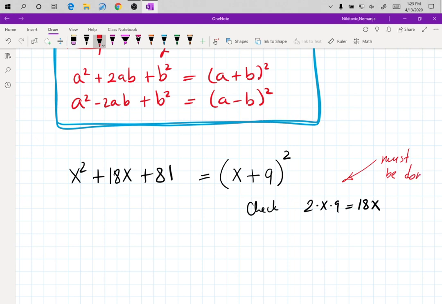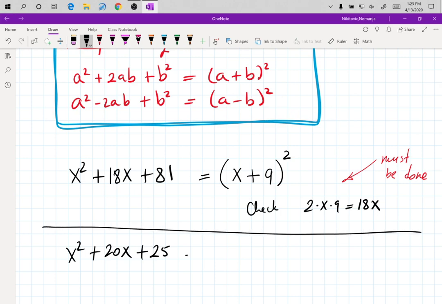Must be done. Here is the example why. x squared plus 20x plus 25. If you go and write (x plus 5) squared, that would be wrong.